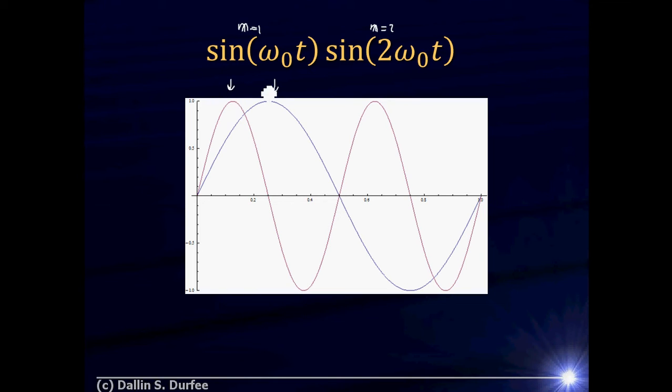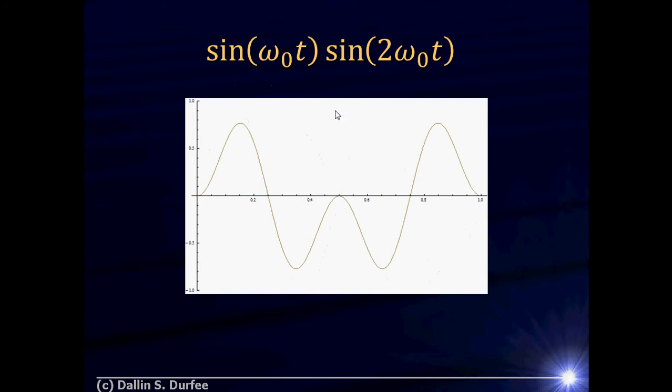We notice that the purple curve kind of repeats itself about the middle, but the blue curve is the inverse of itself about the middle. So when I multiply them together, this side and this side will have opposite signs. When I multiply them together, I get this curve right here. And what you see is, when I integrate from here to here, I get the negative of what I integrate from here to here. So if I integrate over an entire period, this is going to integrate to 0.